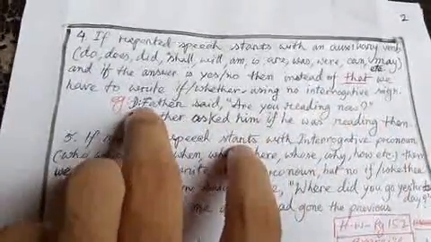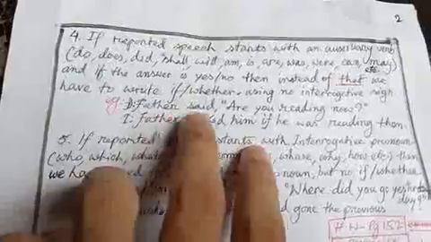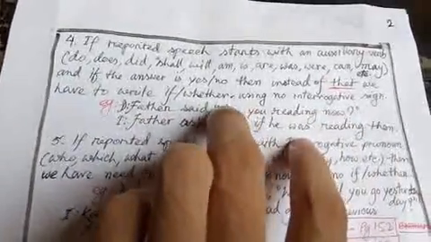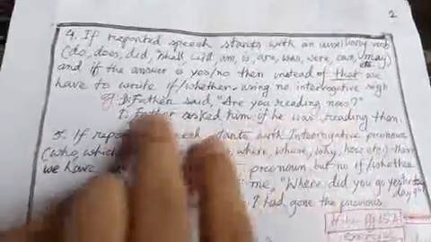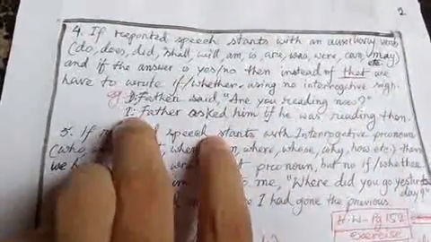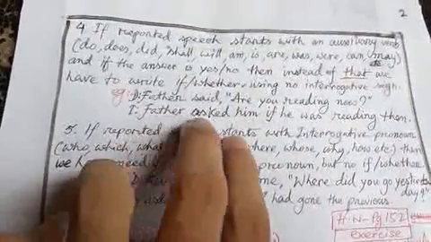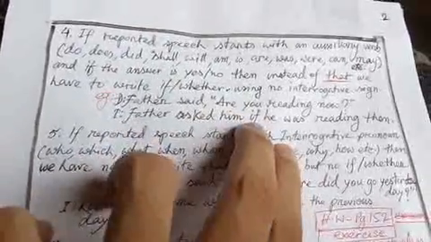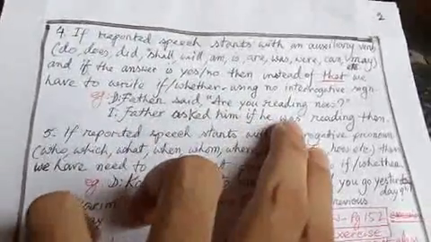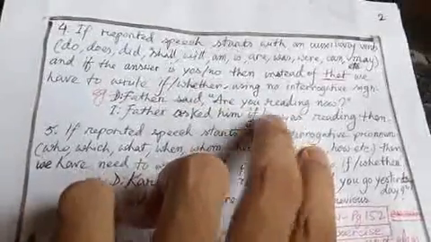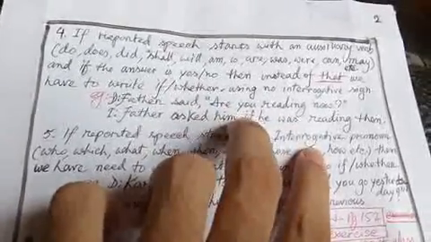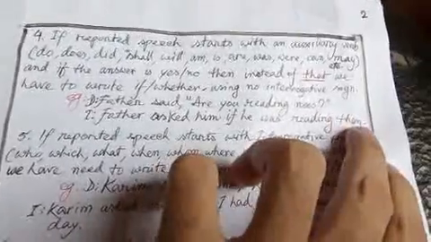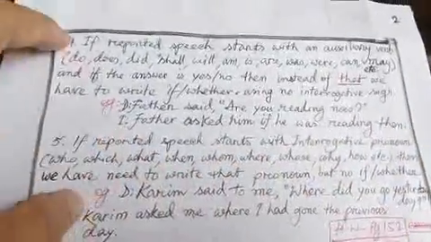If the direct form is: Father said, "Are you reading now?" that means it is an auxiliary verb "are" with a question mark, and it will be changed to indirect form. Father asked him if he was reading then, and there is no question mark. Okay, this is the rule.